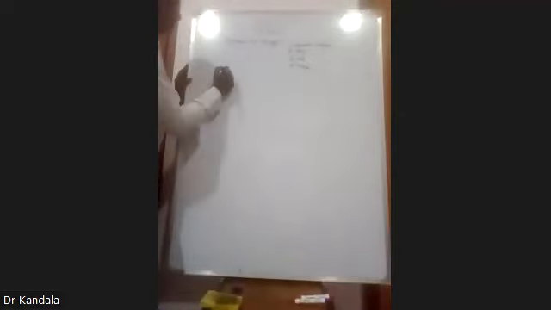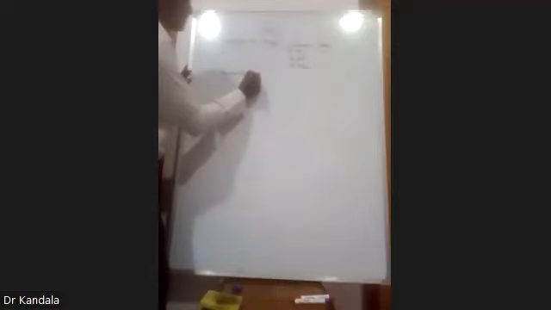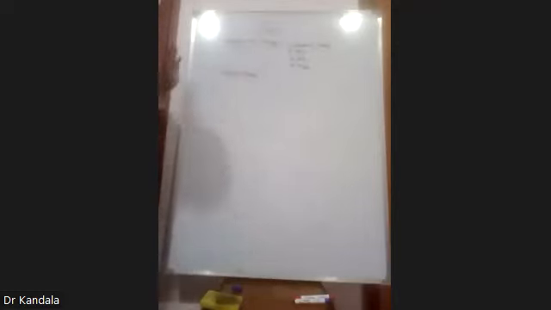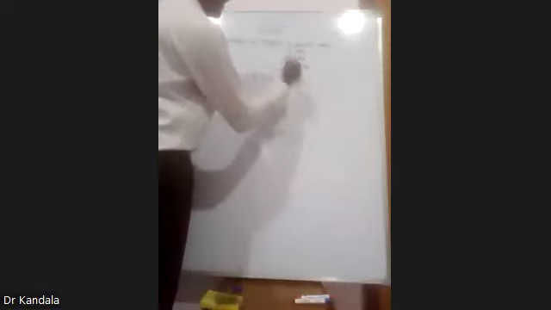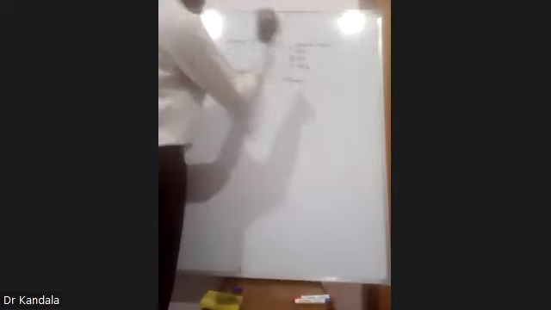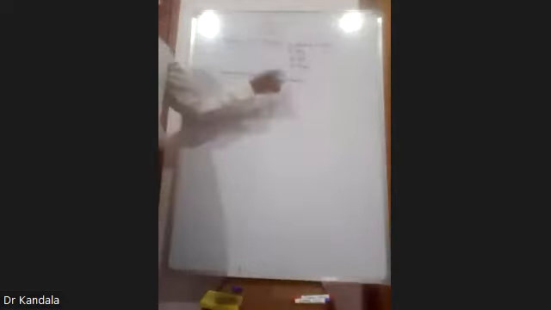So, what are normal oxides? In these oxides, oxygen is satisfied by its normal valency. Normal oxides are oxides in which oxygen is satisfied by its normal valency, that is 2.